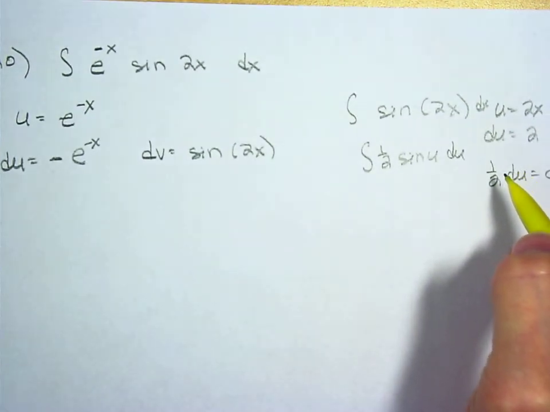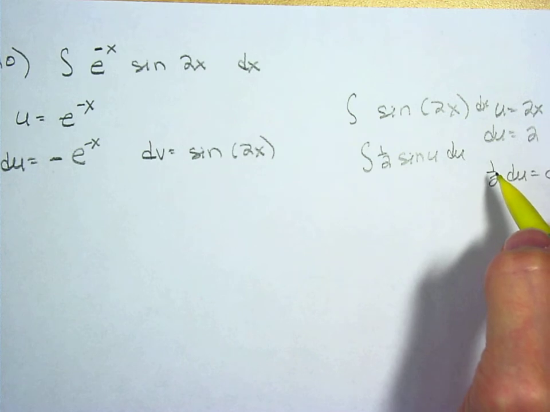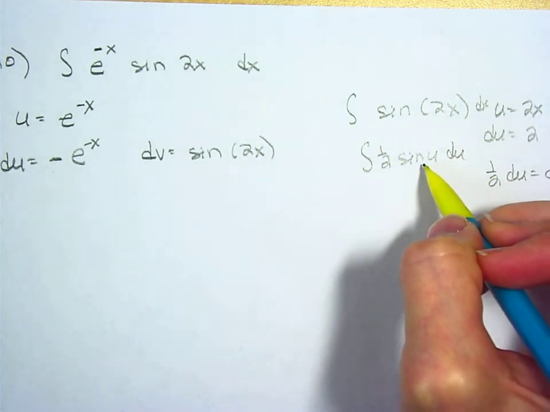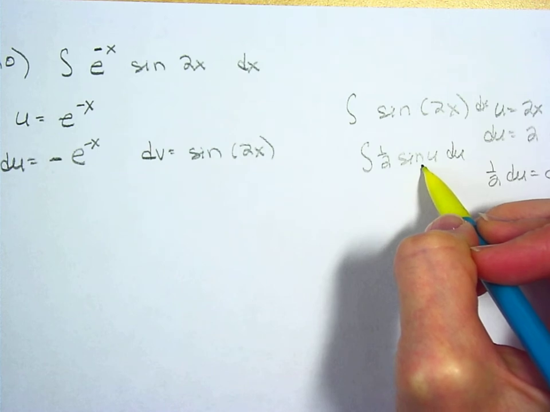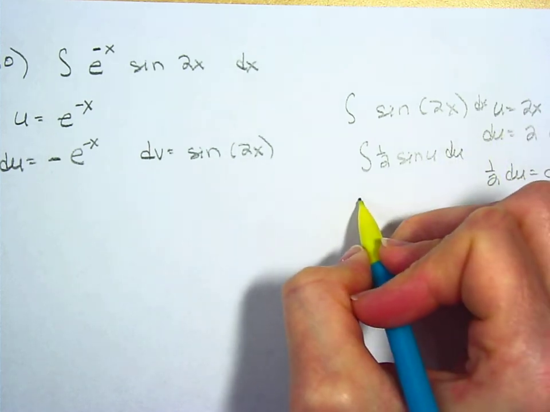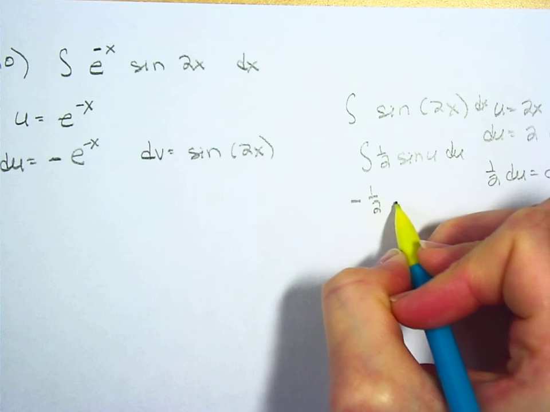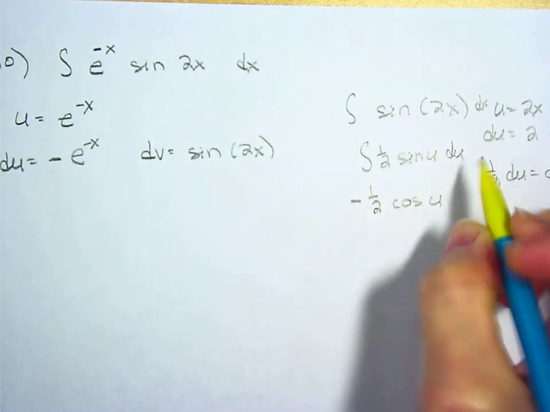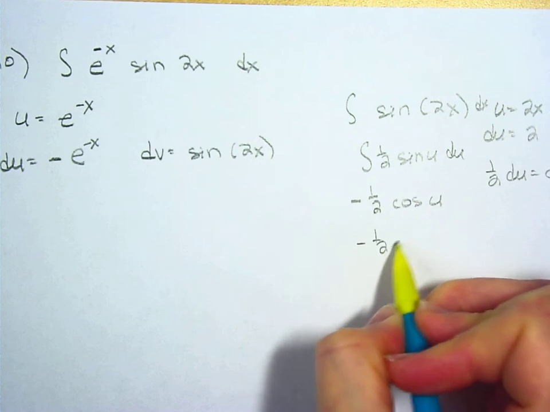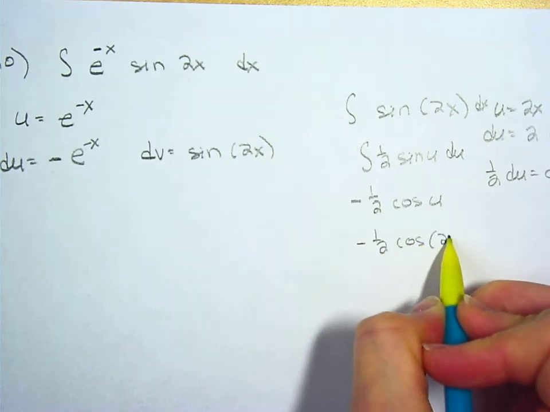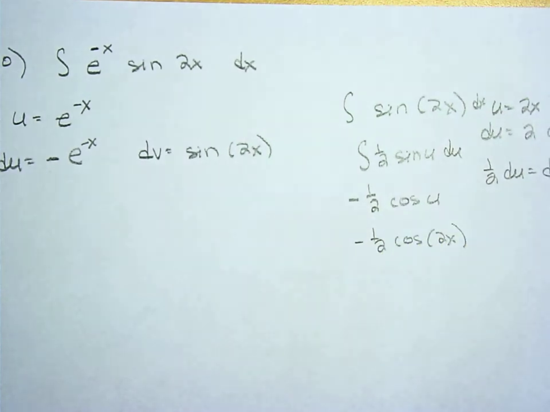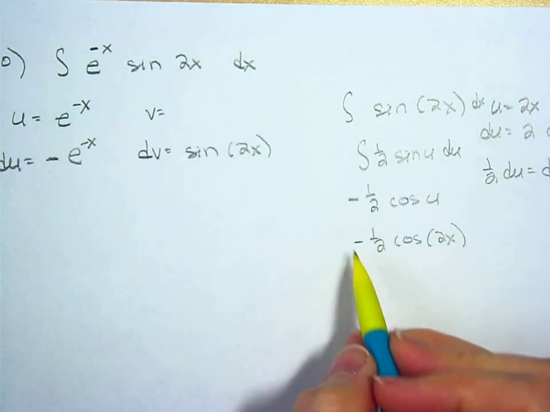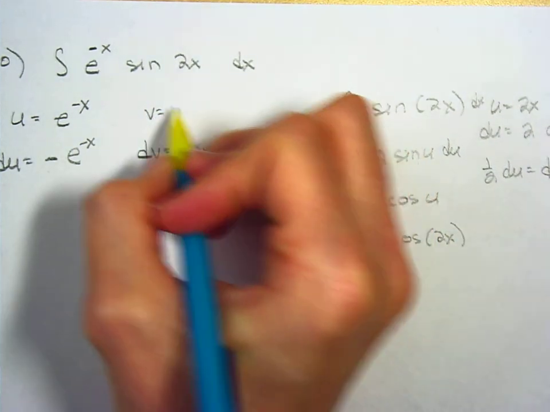I can pull the 1/2 out front. So antiderivative of sine is negative cosine, so I'd end up with negative 1/2 cosine of u, or negative 1/2 cosine of 2x. So v would equal negative 1/2 cosine of 2x.